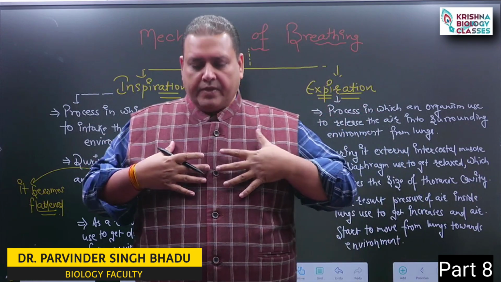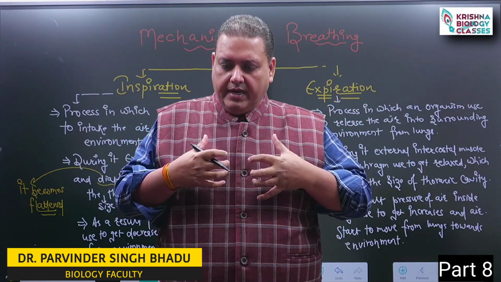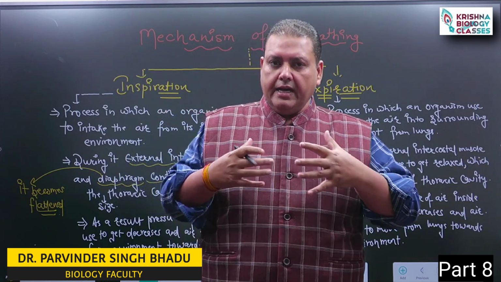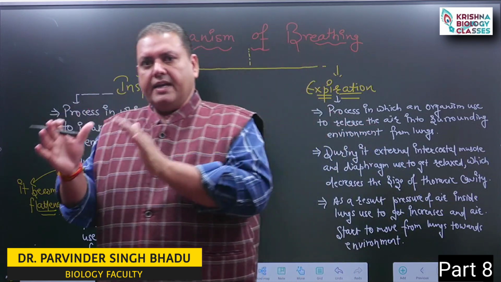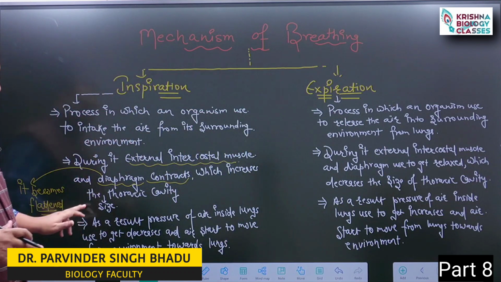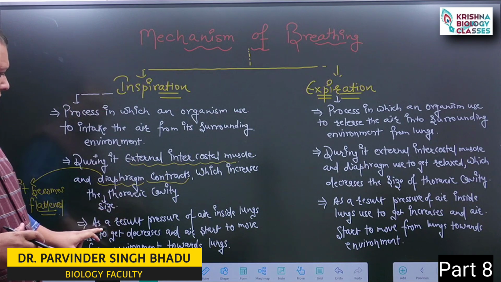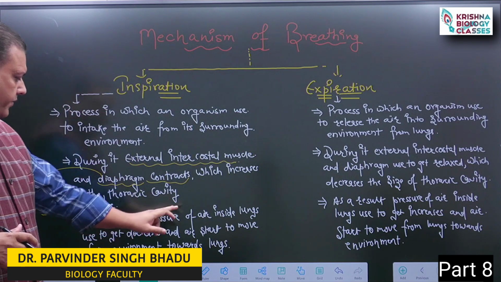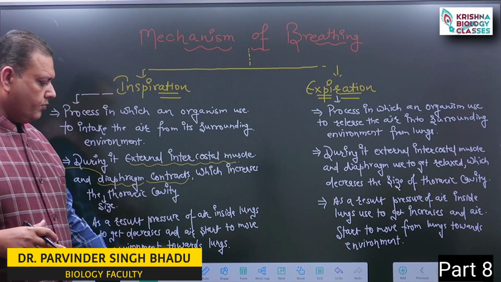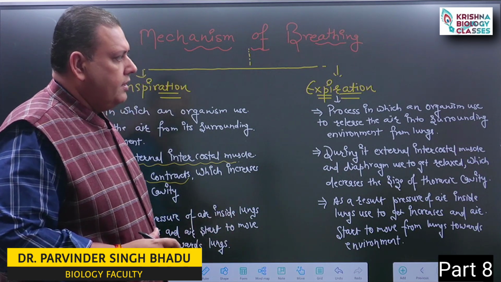Similarly that when intercostal muscle contracts and diaphragm contracts, it increases the size, the pressure inside the lungs of gases used to get decreased. So due to increase in the size of thoracic cavity, pressure of air inside lungs used to get decreases and air start to move from environment into lungs.